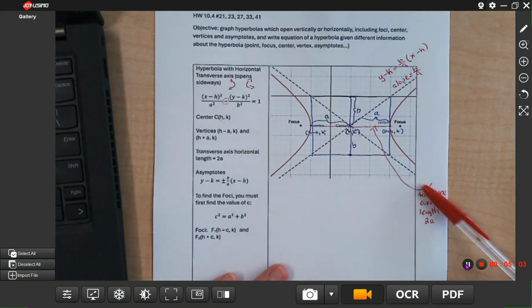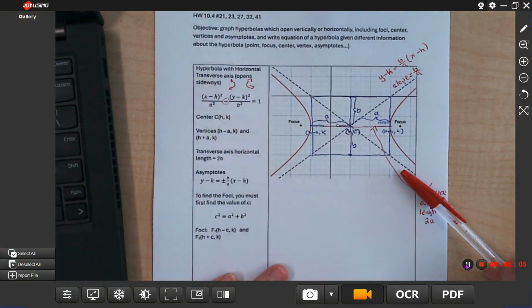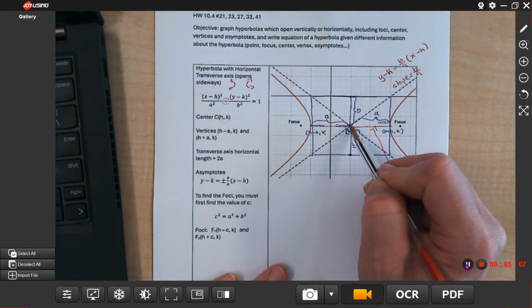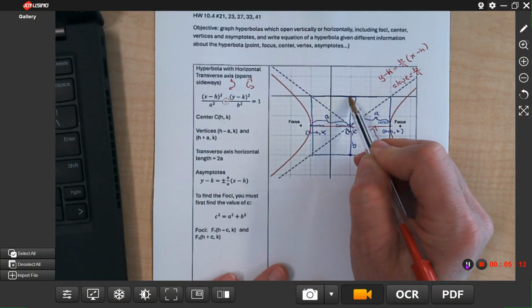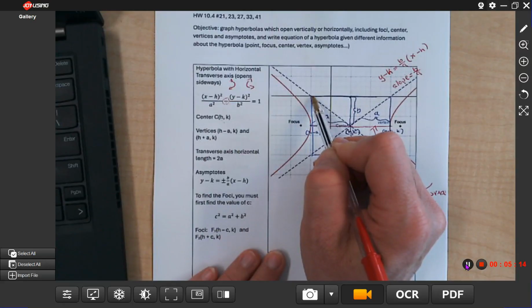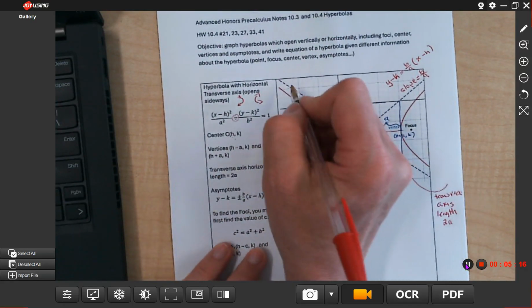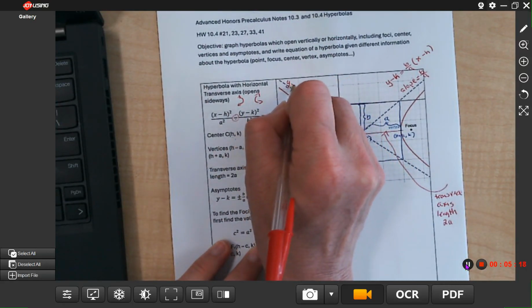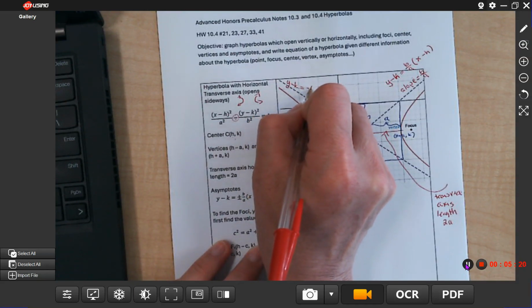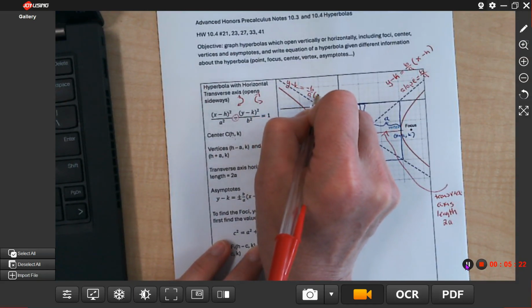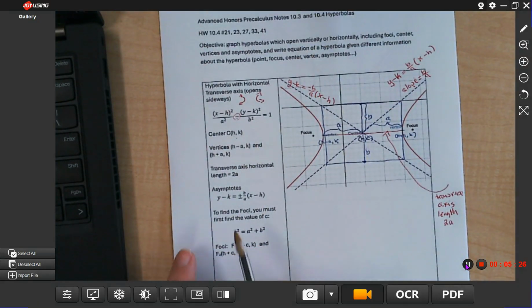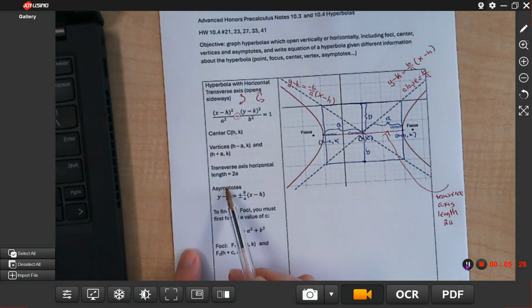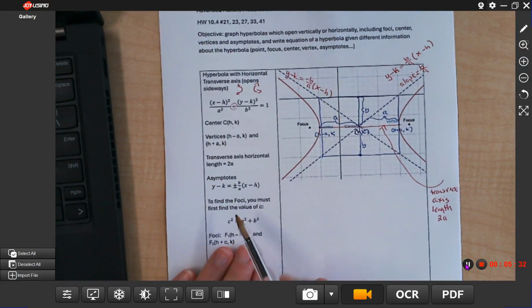So this other asymptote is also going to start at the center and go up b, but then left a. So this slope is negative b over a. So the equation of this line is y minus k equals negative b over a times x minus h. So we drew the asymptotes, and then we also wrote the equations of them, and here's how you find them.